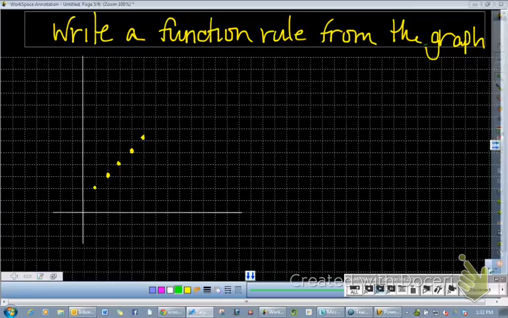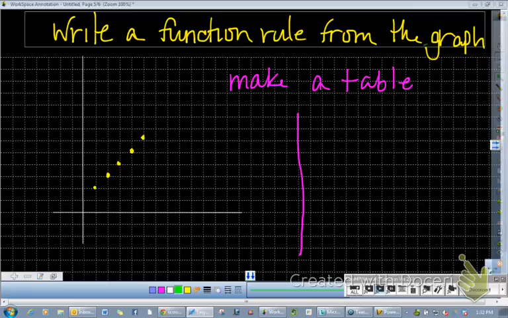Alright, so the first thing you'll want to do is make a table. Doesn't matter if you make your table horizontal or vertical. Okay, so my first point is at what? 1, 2.